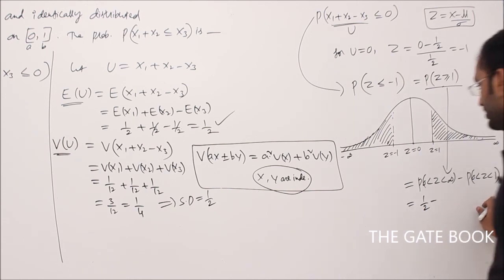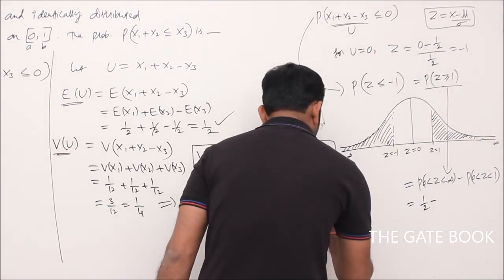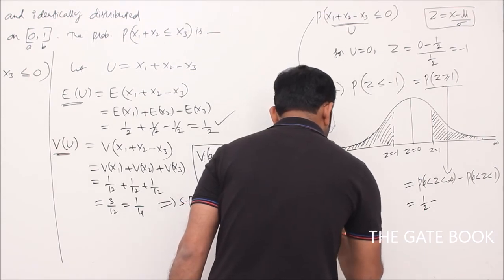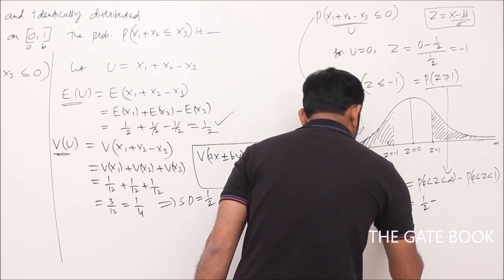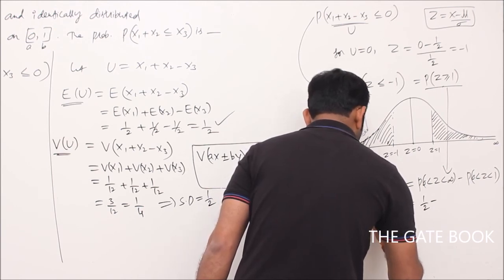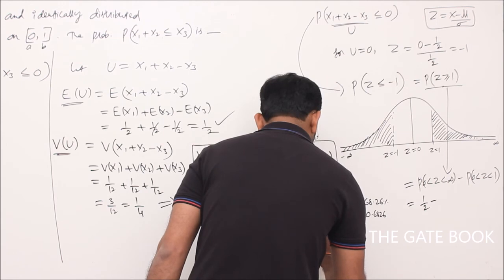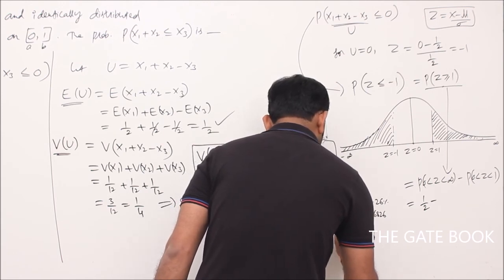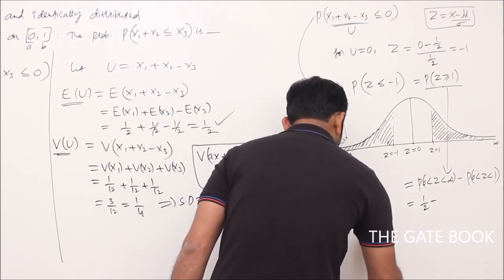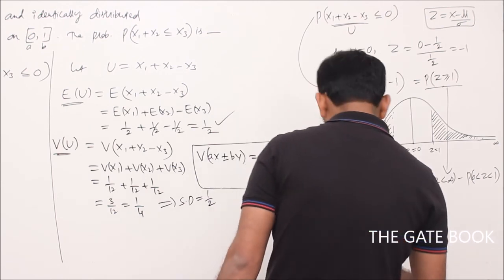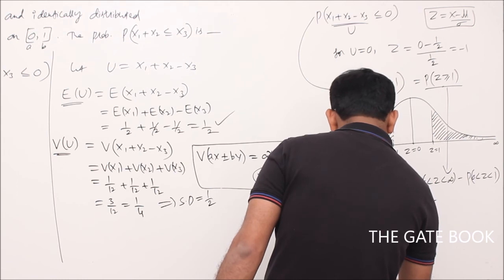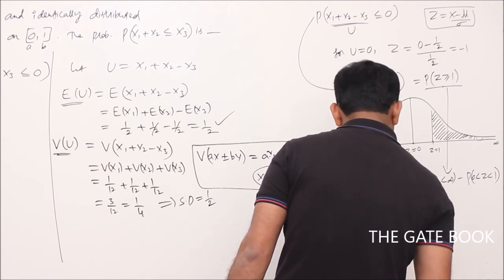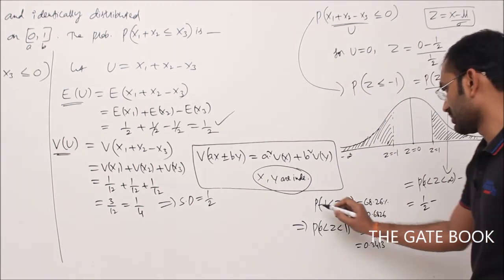What about the 0 to 1 area? We know that P of -1 less than z less than 1 is 68.26%, or 0.6826. It implies P of 0 less than z less than 1 is half of this area, 0.6826 by 2, which gives 0.3413.